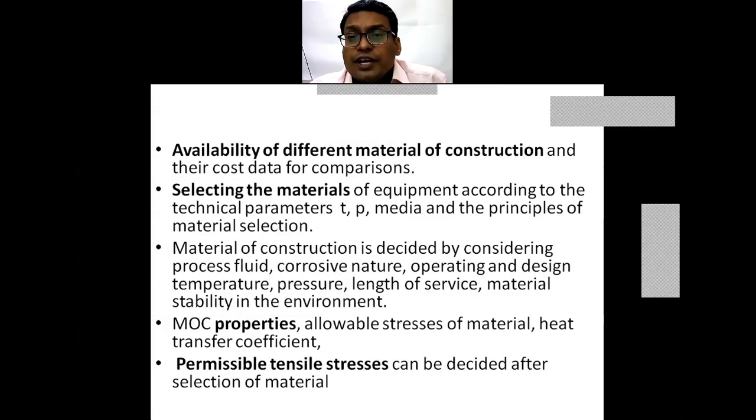Then the availability of different materials of construction and their cost data for comparison is to be studied before final selection of a material of construction.